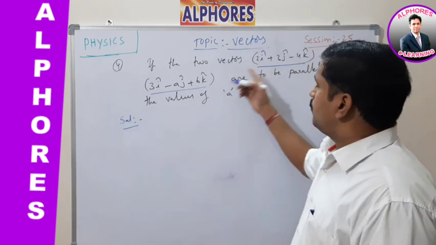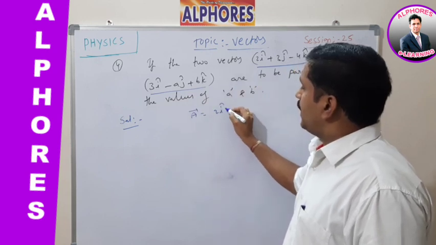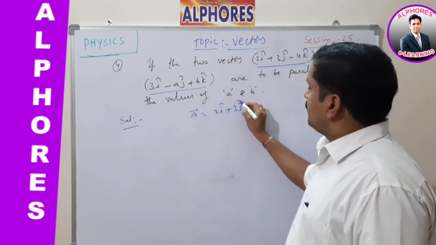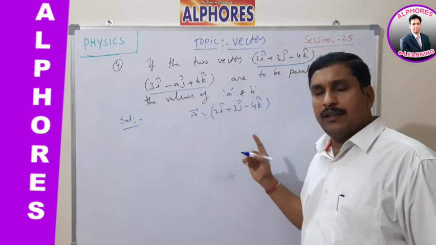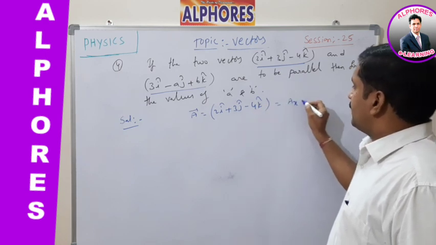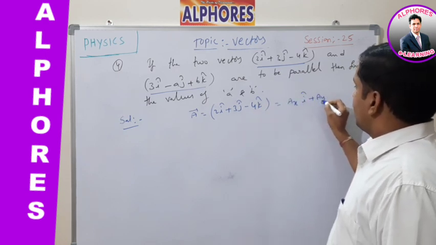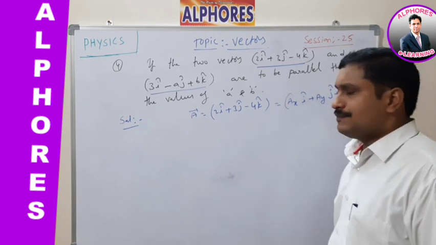Let us say A bar is equal to 2i cap plus 3j cap minus 4k cap. This concept was already completed in the last applications. So this can be taken as Ax into i cap plus Ay into j cap plus Az into k cap.